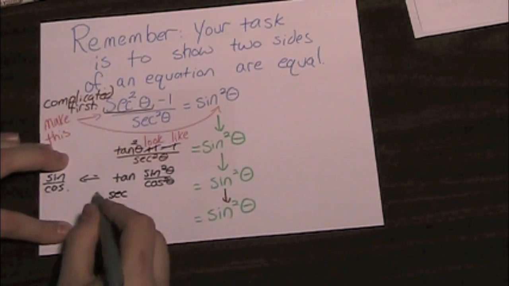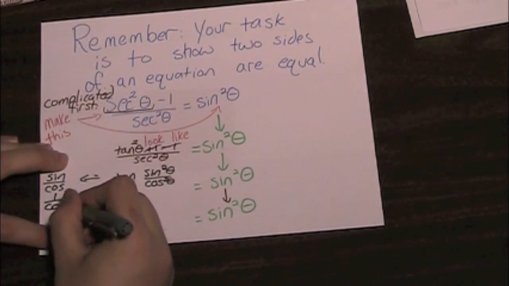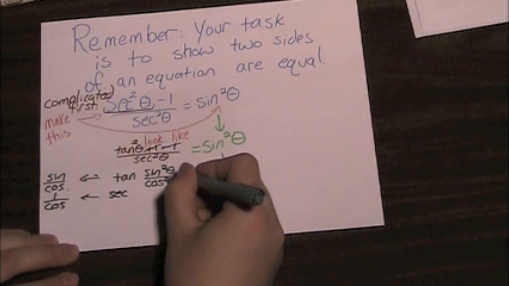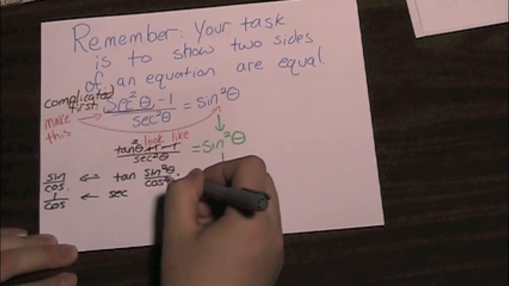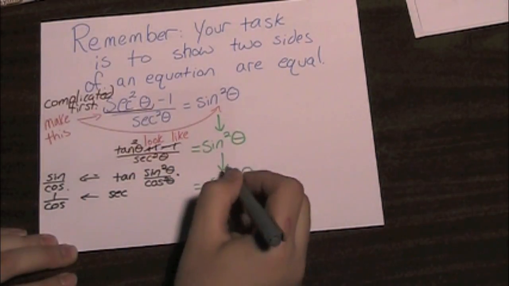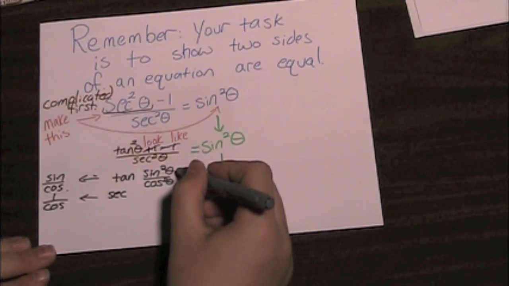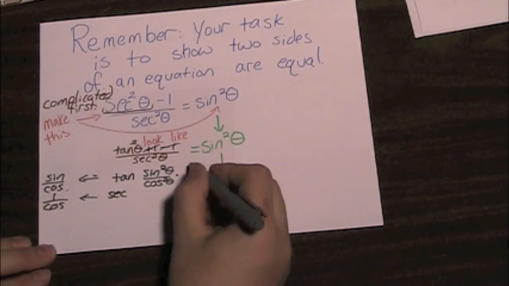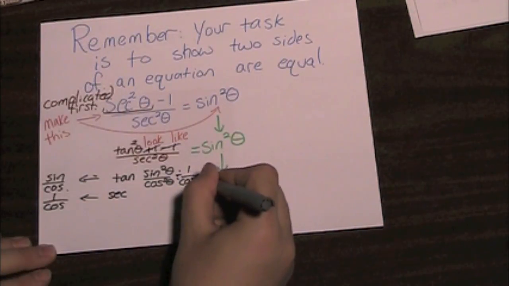My secant is going to turn into a 1 over cosine based function. Take a look at this and realize that we're dividing by 1 over cosine squared of theta.